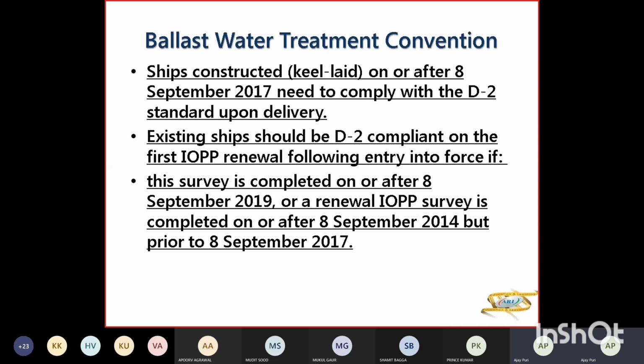So ships constructed on or after 8th September 2017 need to comply with D2 standards. On delivery, an existing ship should be D2 compliant at the first IOPP survey after 8th September 2017, and this survey should be completed on or after 8th September 2019, or a renewal IOPP survey is completed on or after 8th September 2014, but prior to 8th September 2017.